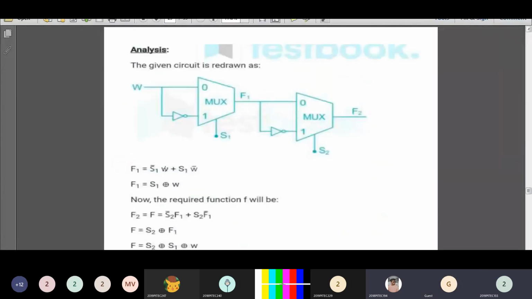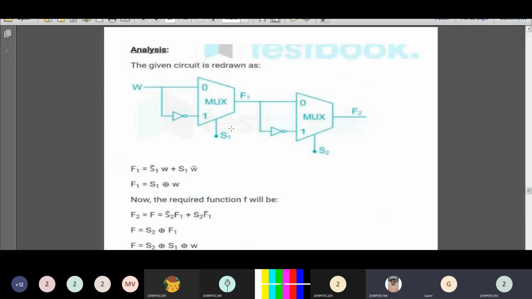First you have to find out the expression for F1. Here the selection input is S1.